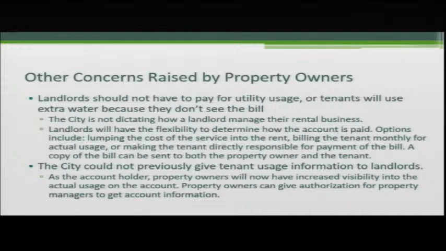They can make it the responsibility of the tenant to pay the bill, and our utility billing has the capability of sending a bill to the tenant, and then also the landlord would get that same bill just so they know what the usage is. And once again, the landlords certainly have the ability in their agreements to specify that the tenant is responsible for the bill, and if the bill doesn't get paid, then same thing. The water would be shut off until that bill is paid.